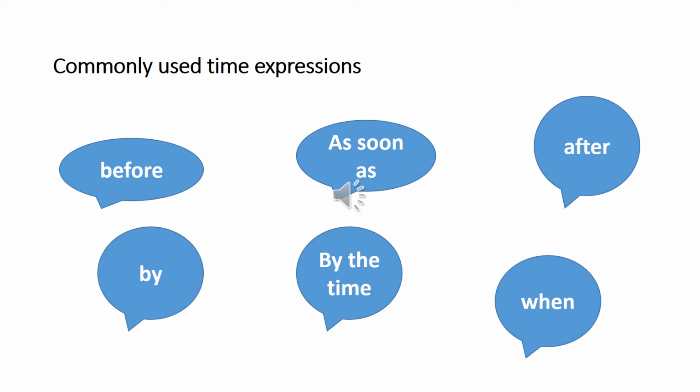Yes, here are some of the time expressions that can be helpful for you when you construct sentences in past perfect tense: for, by, as soon as, by the time, after, and then. Okay, for example, before. How can you construct a sentence using before in past perfect tense? I had studied well before I attended the exam.